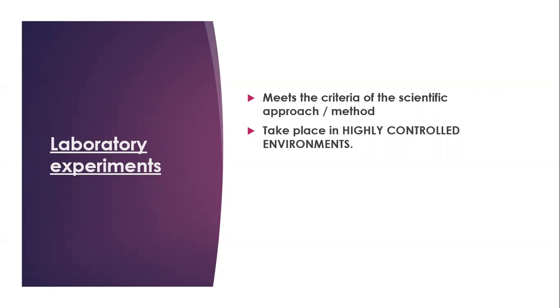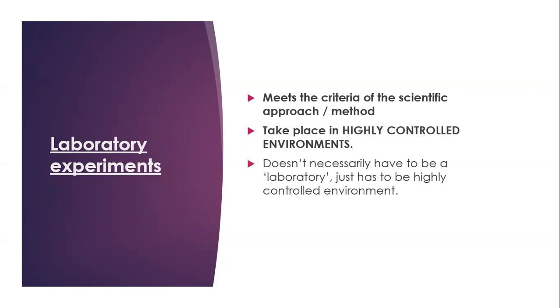Cause refers to the IV. How does that then affect the DV? And the only way we can do that is through bringing high levels of control. So it is really important that we understand control is of key essence. Now, please note, a laboratory experiment can be any environment that can become highly controlled.